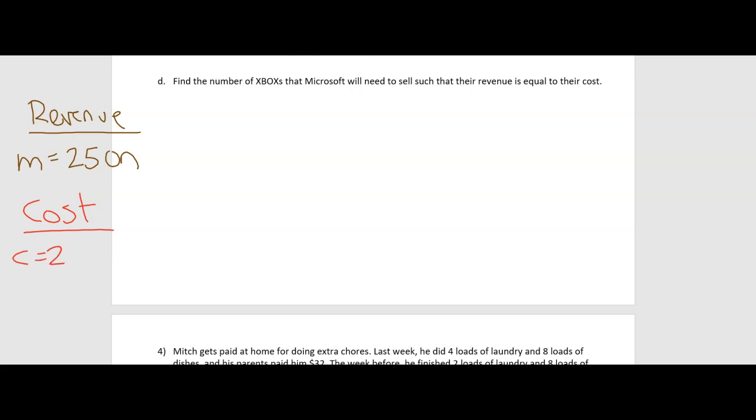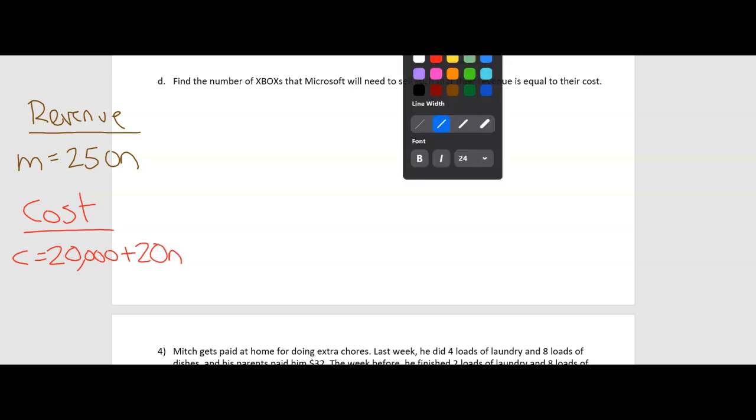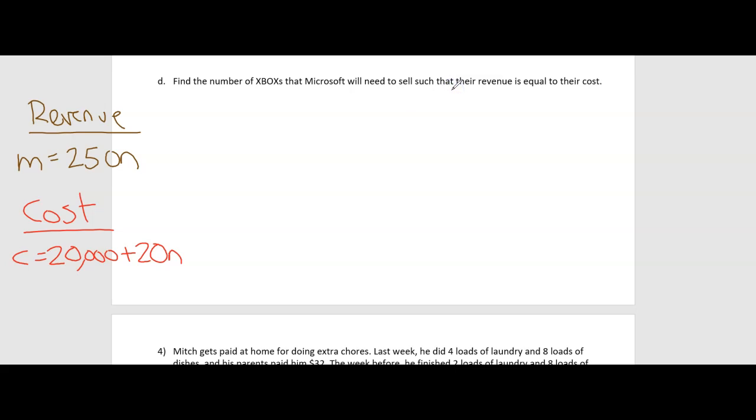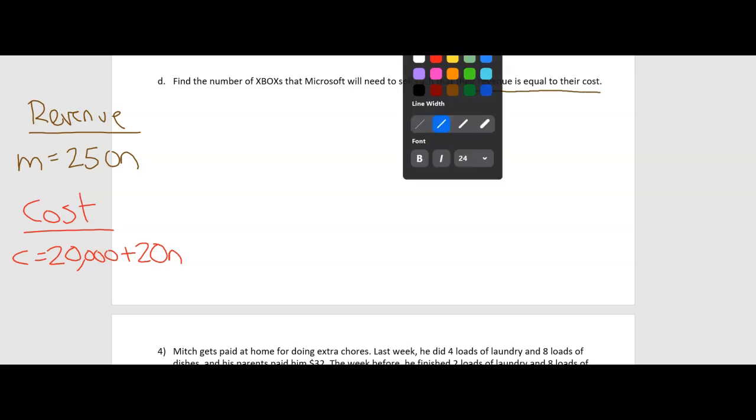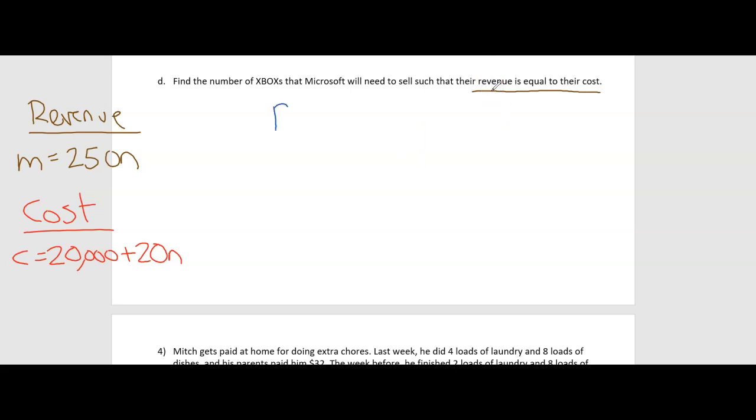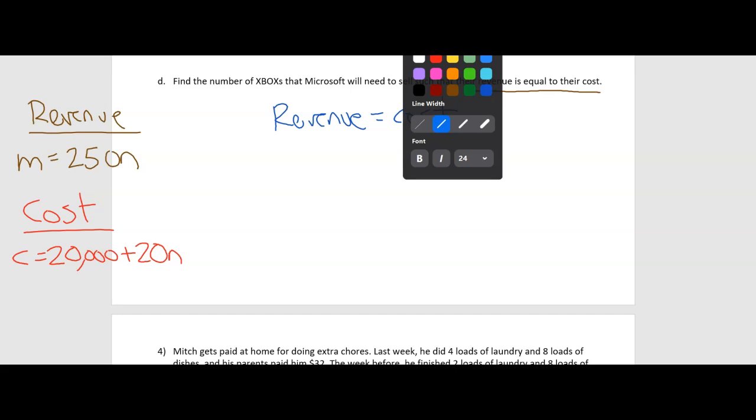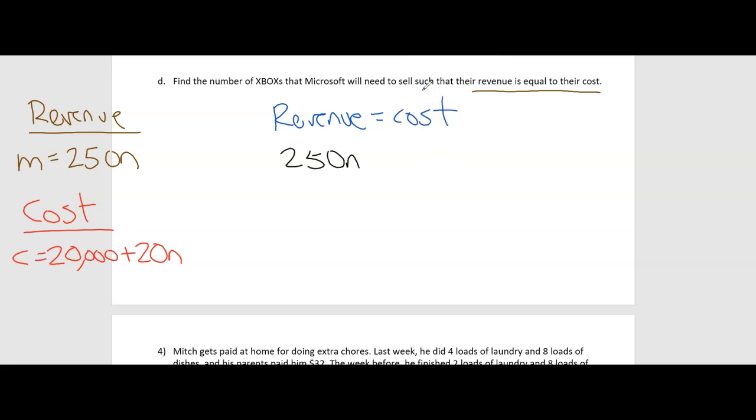C is equal to 20,000 plus 20N. So we're trying to figure out the amount of Xboxes, or the N value, such that their revenue is equal to their cost. Well, if revenue equals cost, then I need to have 250N being equal to 20,000 plus 20N, right? I'm setting the revenue equation equal to the cost.